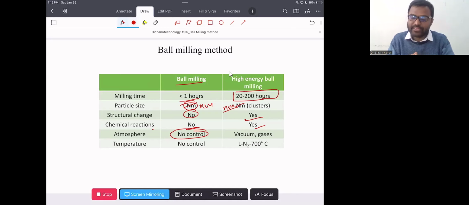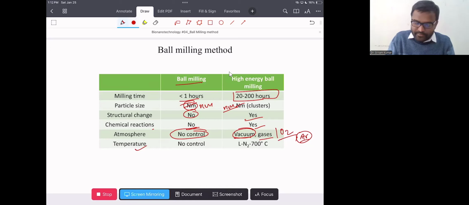However, in high energy ball milling, either we can do the milling in vacuum, or we can put in some particular gas. If you want to make an oxide kind of material, then we need oxygen. And if you want the pure metallic form, then we will have a vacuum, or maybe an argon-filled container.